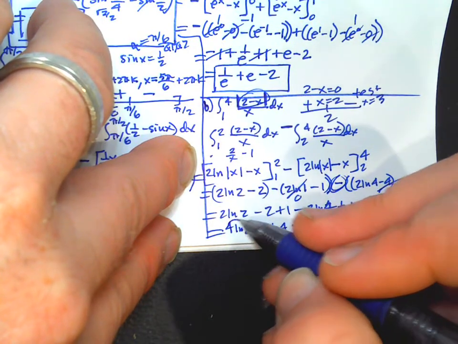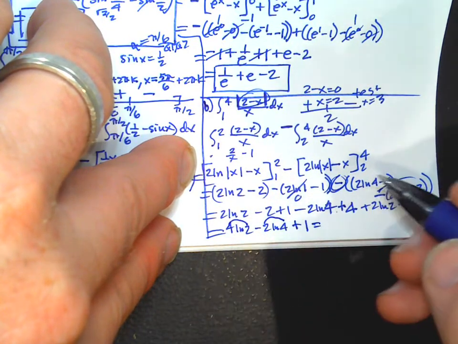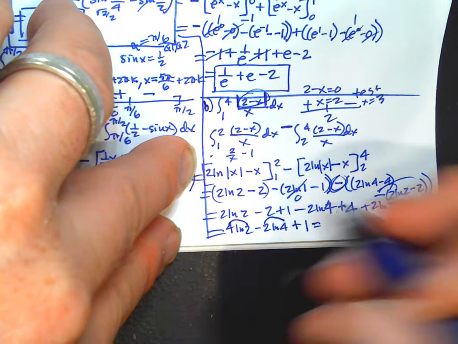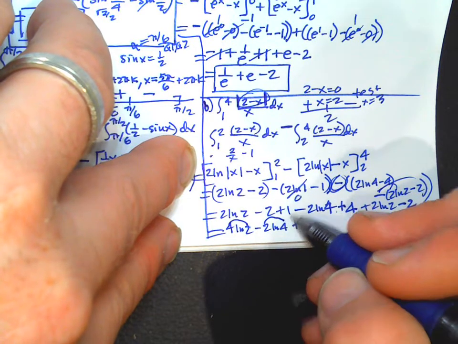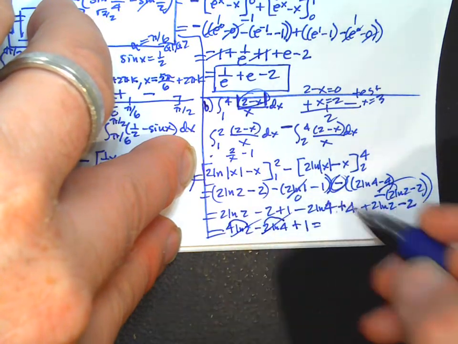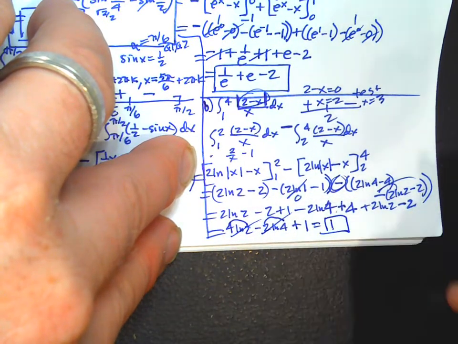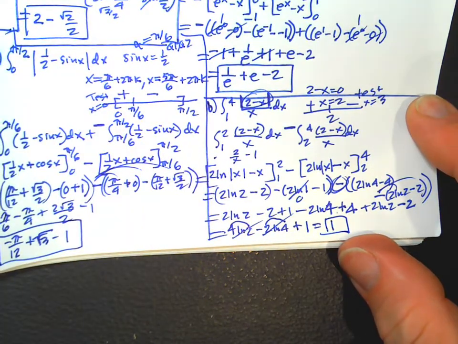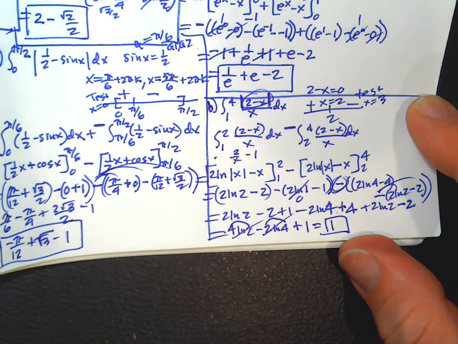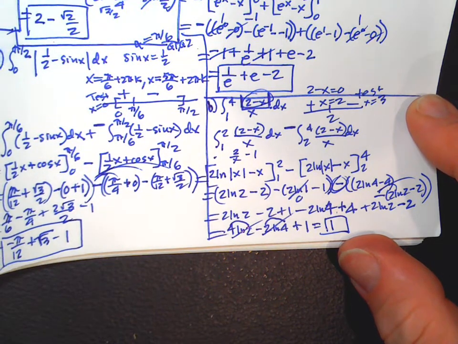Now, if you use the power rule for logs, you bring these in. 2 to the 4th is 16. 4 to the 2nd is 16. These are actually the same as each other. They cancel each other out. Your final answer is just positive 1. So it worked out really nice. That's it. You've got to know how to deal with absolute values now.